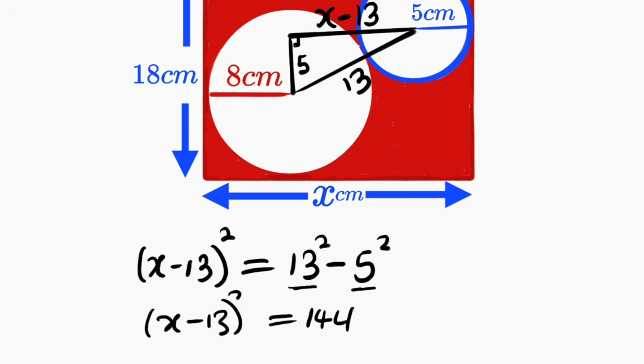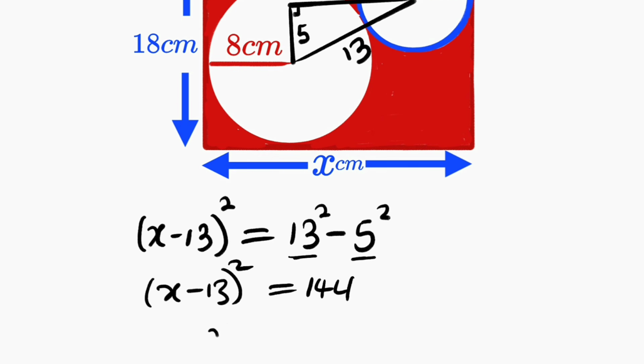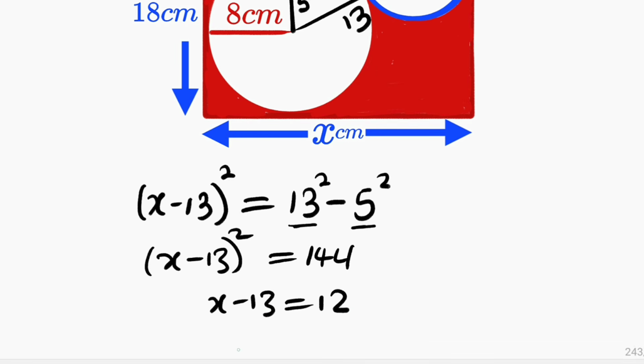If you take the square root of both sides, you have x minus 13 equal to 12, because the square root of 144 is 12. Then x will definitely be equal to, as this one crosses over, it becomes positive, 12 plus 13, that is 25 cm. So this side length is 25. For those of you looking for x, you're done.